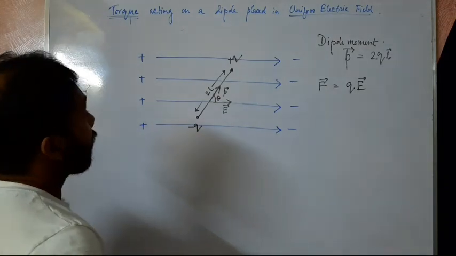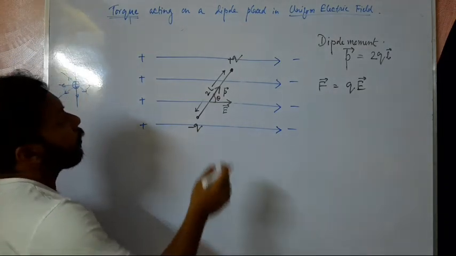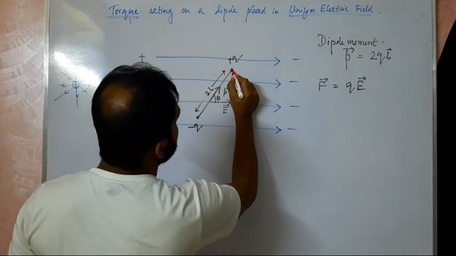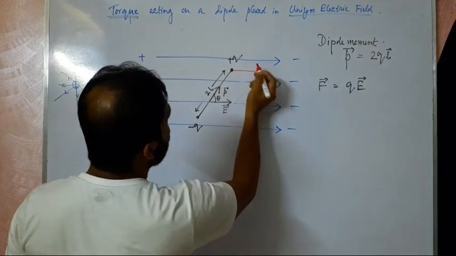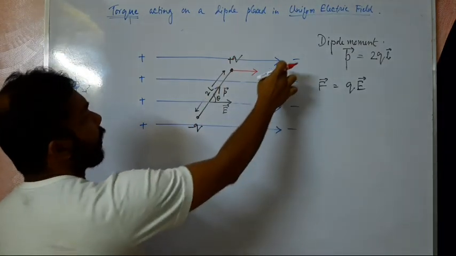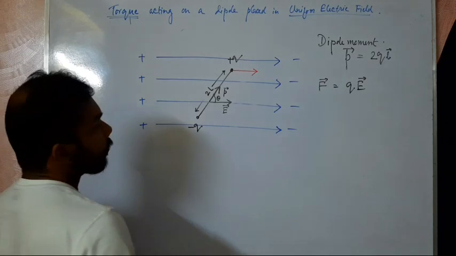Hence, the force on the positive charge will be QE, and of course, the positive charge will be pushed in the direction of the field.